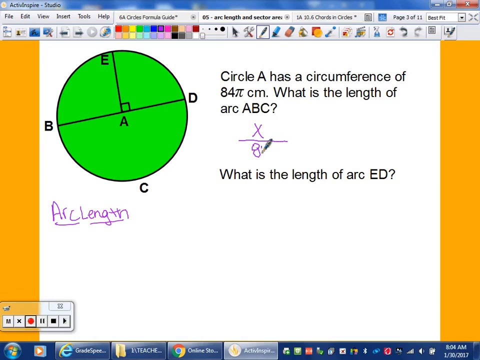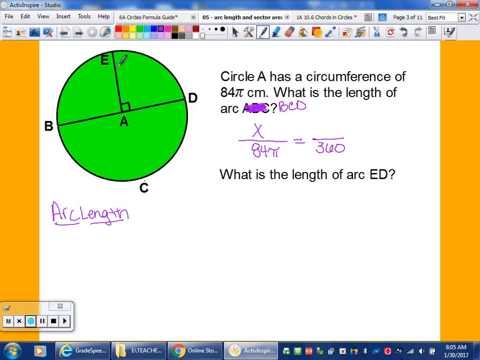Well, they gave it to me, 84 pi, and that's equal to the arc measure of, now see, this is a typo, it should not say ABC, it should say BCD. Okay? So I know 360 is on the bottom over here, but if I look at BCD, I need to figure out its arc measure.